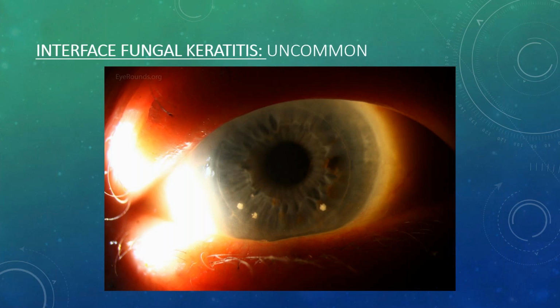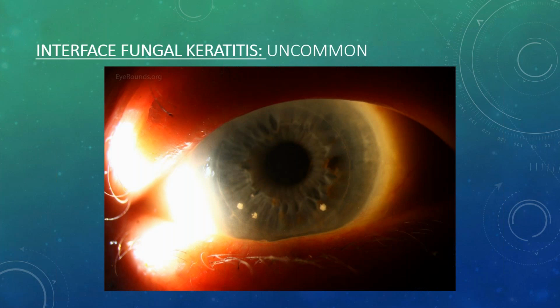That transplant has to come out. The patient has to have injections of antifungals in the anterior chamber, and you have to be super aggressive because once fungus seeds the intraocular contents, it is really, really difficult to get rid of. And so this is one of those complications that you just never want to see.